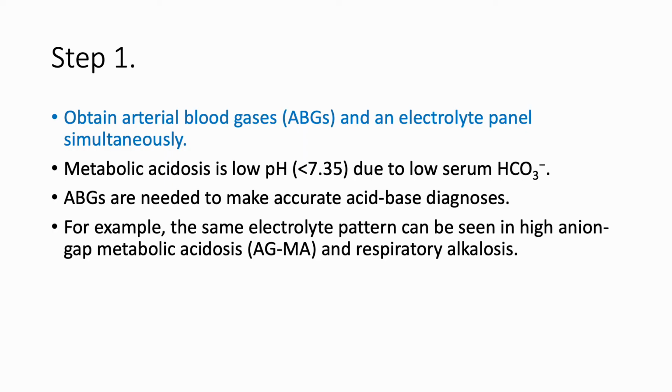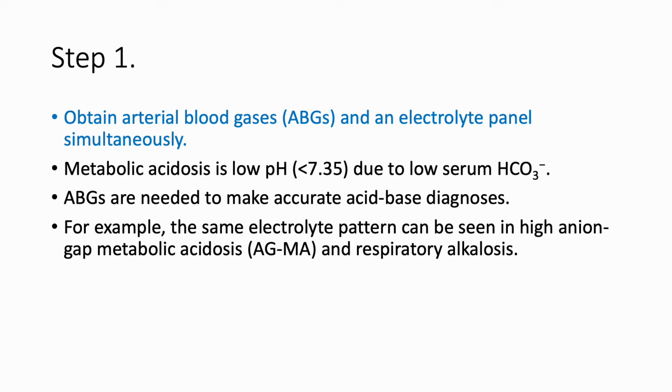Let's go. Step 1, obtain arterial blood gases and an electrolyte panel simultaneously. If pH is less than 7.35 and bicarbonate is less than 24, it's low, then you have metabolic acidosis.